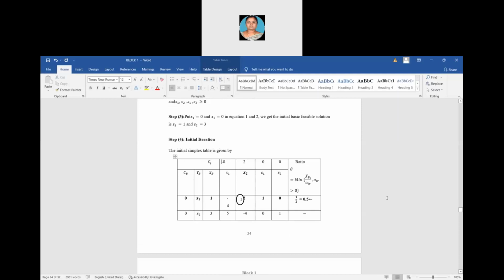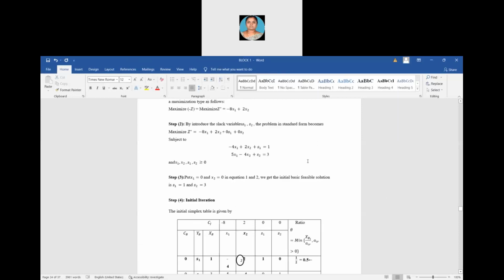Here the Cj is nothing but the coefficients in the objective function: minus 8, plus 2, 0, 0. All those things we have to enter at the top.